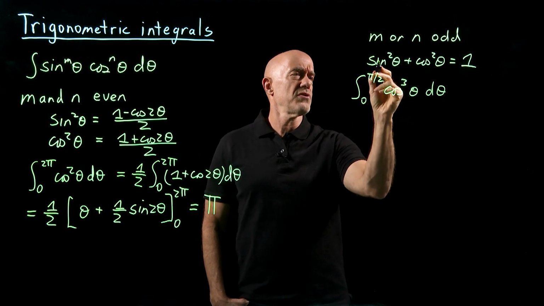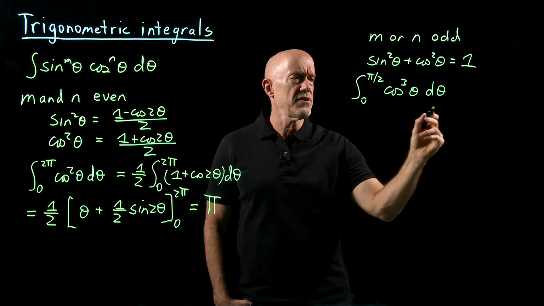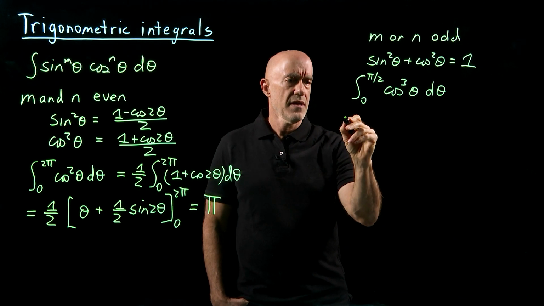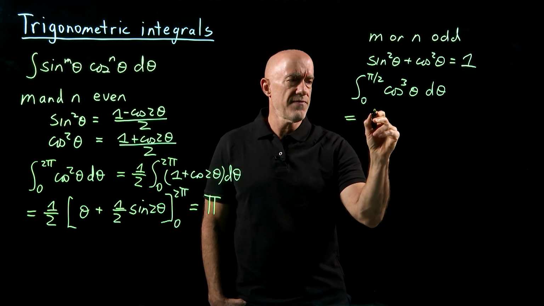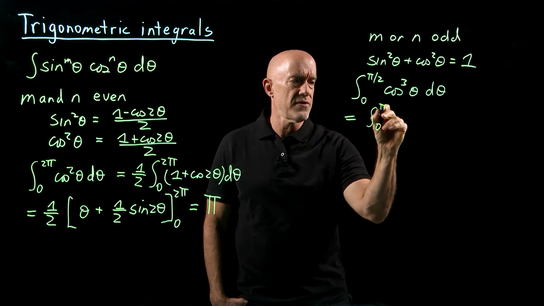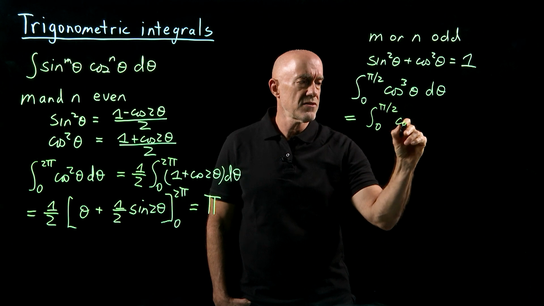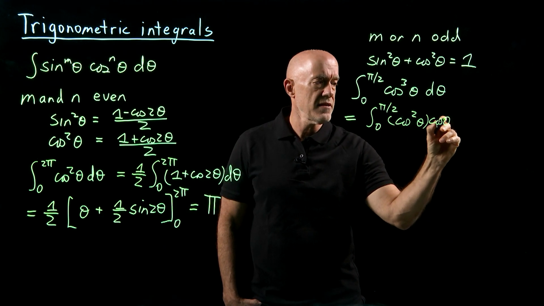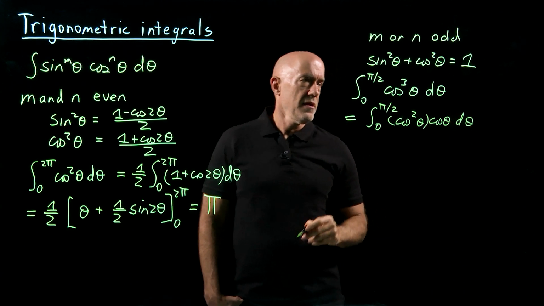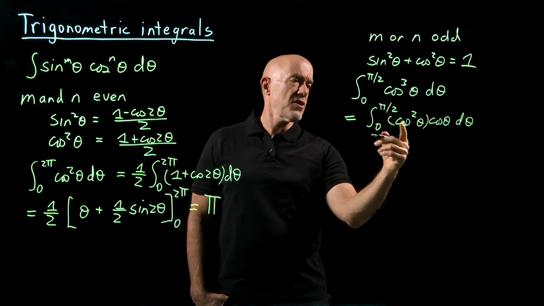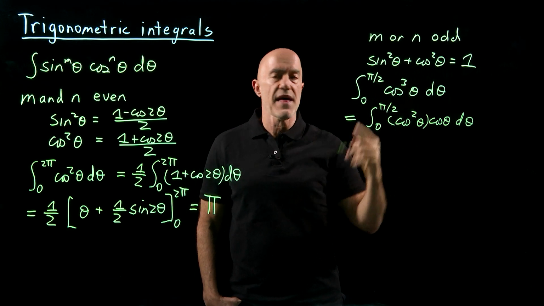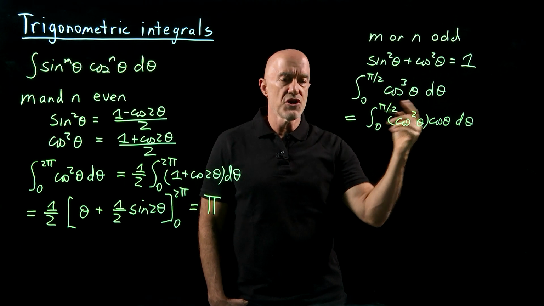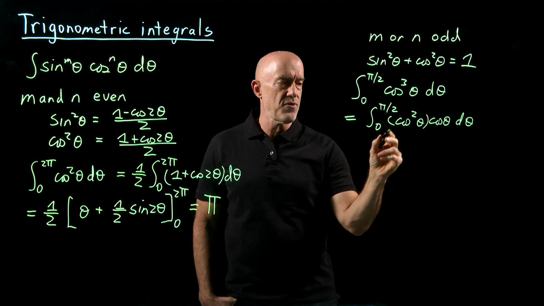So in order to use the Pythagorean theorem to integrate this, we need to write this as the integral from 0 to pi over 2 of cosine squared theta times cosine theta d theta. Then we can replace cosine squared theta using the Pythagorean theorem, and you'll see that we have a good substitution we can do at that point.